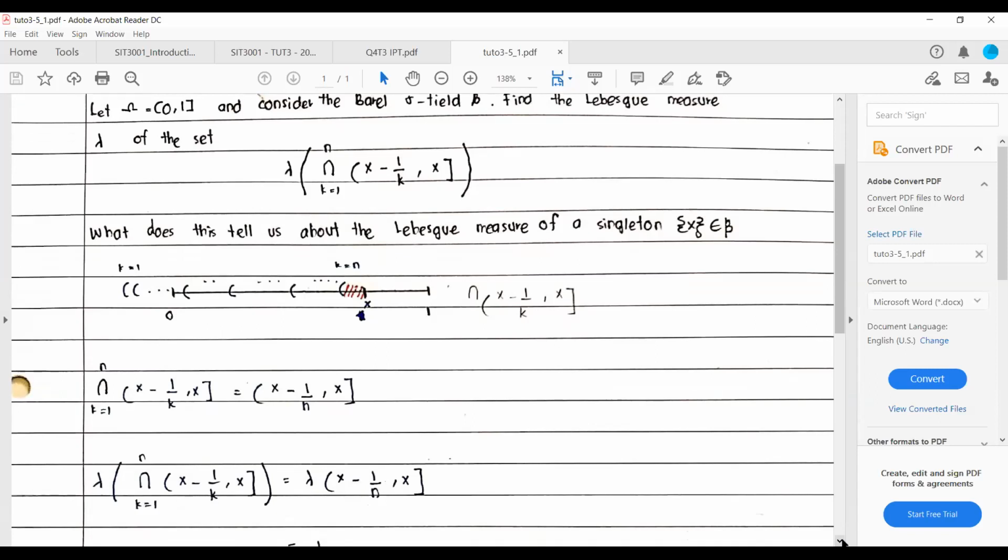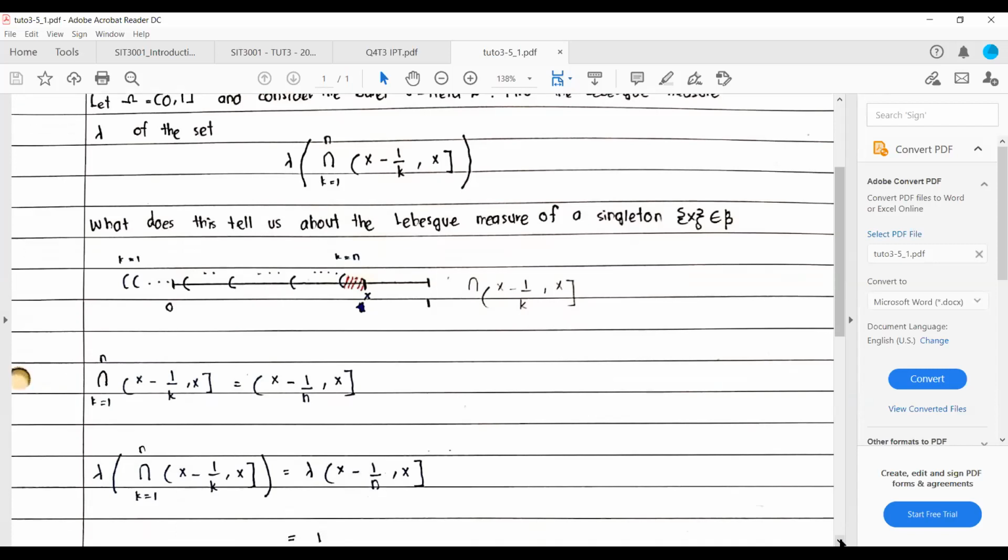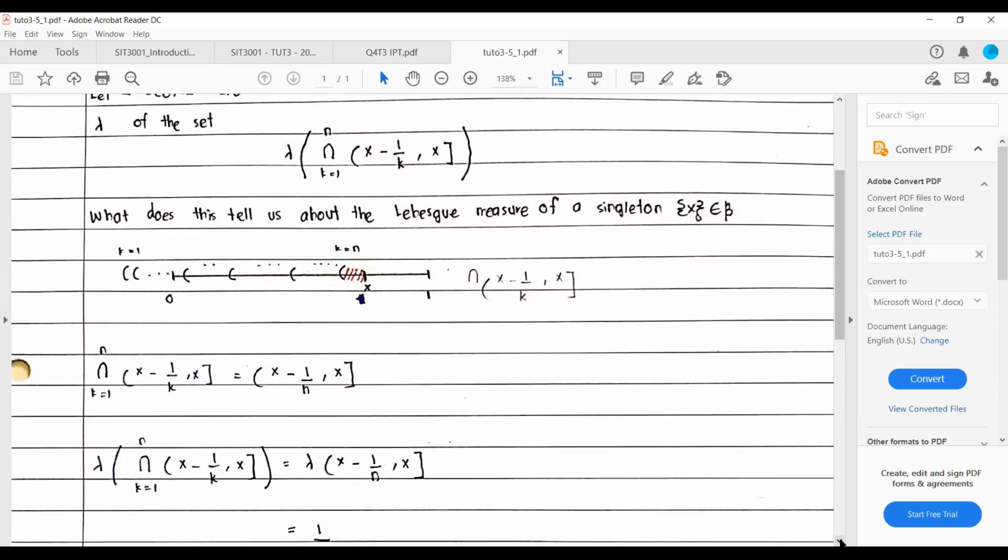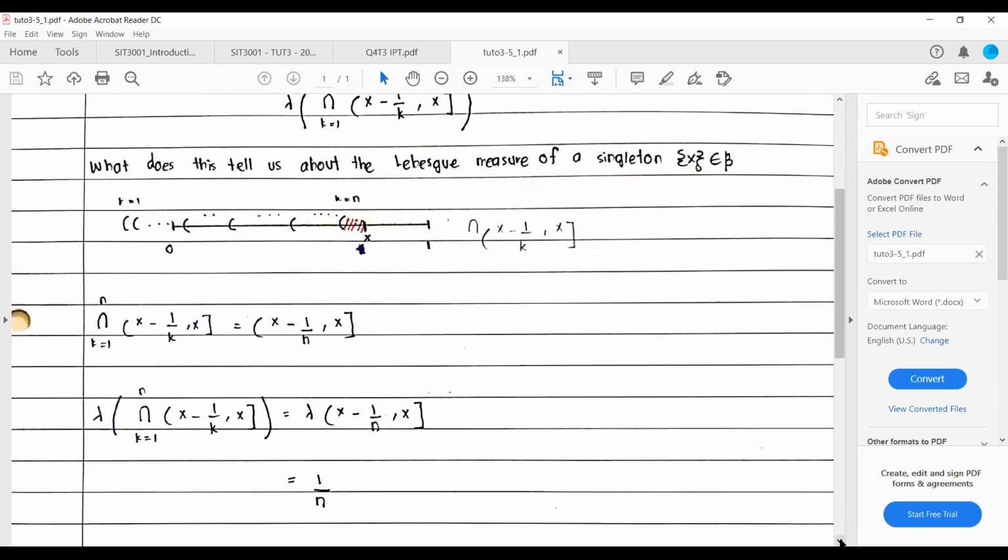So the intersection is equal to x minus 1 over n to x. Then we put the Lebesgue measure lambda on the interval, so lambda of the interval is equal to 1 over n.